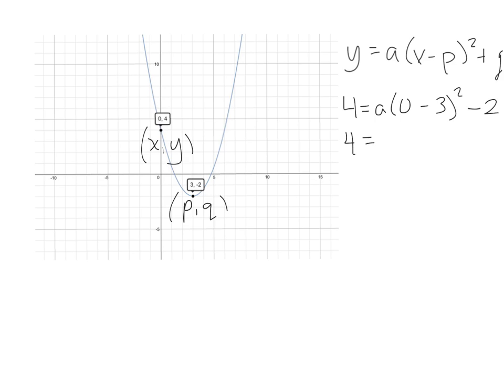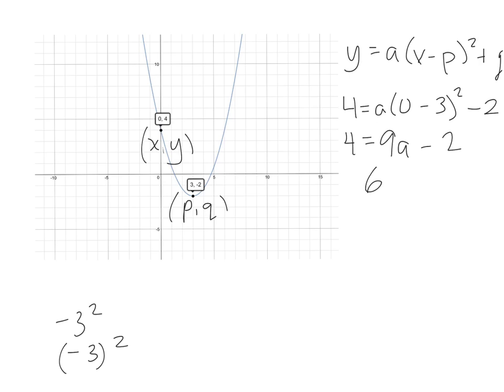Negative 3 squared is positive 9. Be careful with that. If you just put negative 3 squared into your calculator like that, it's going to come out as negative 9. But if you're going to use your calculator, you actually have to put it in brackets. There's a negative 2 there. So then I'm going to add 2.